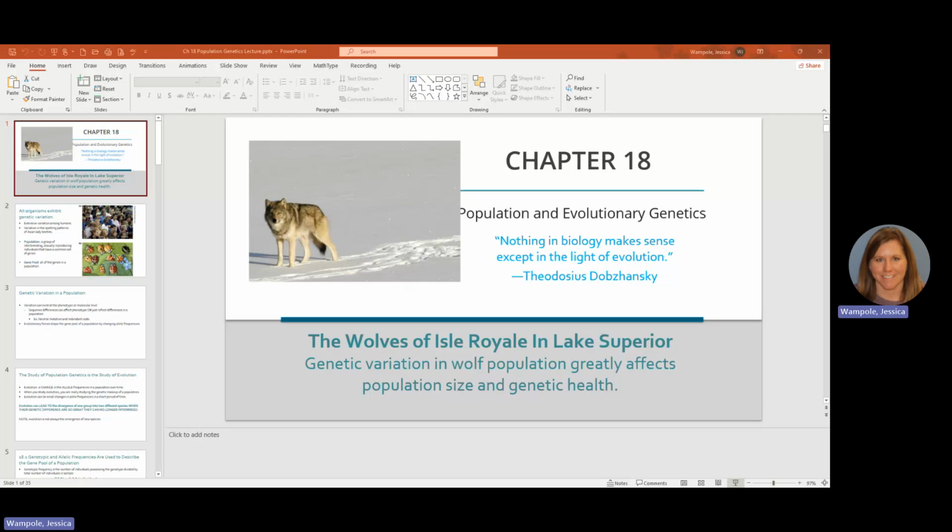You are all probably familiar with the definition of a population. A population is basically just a group of interbreeding organisms. We are concerned in this class with the genetics of the population. So as long as they are interbreeding and passing on their genetic information, we are interested in this group of individuals.